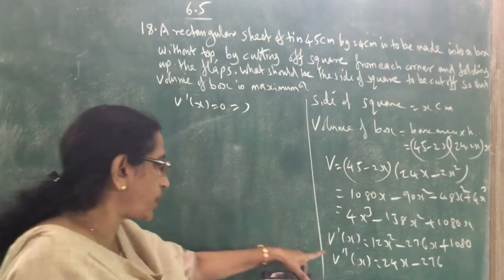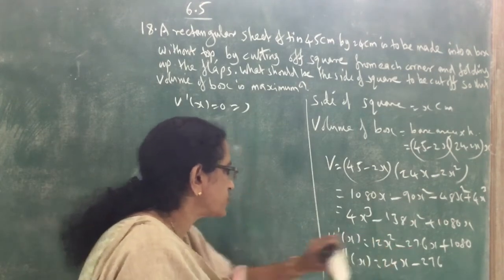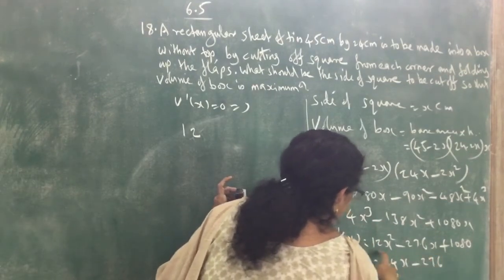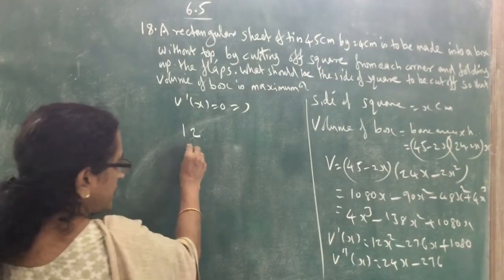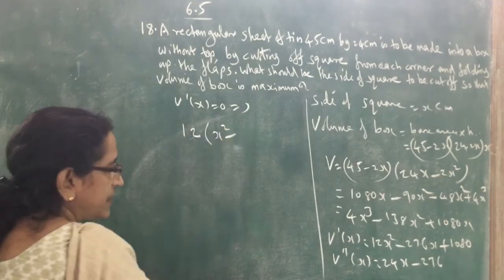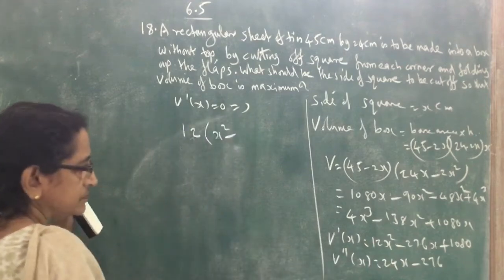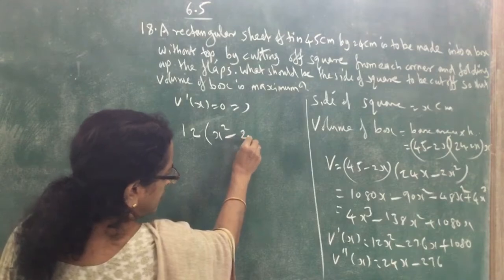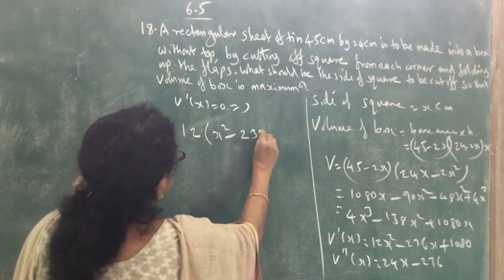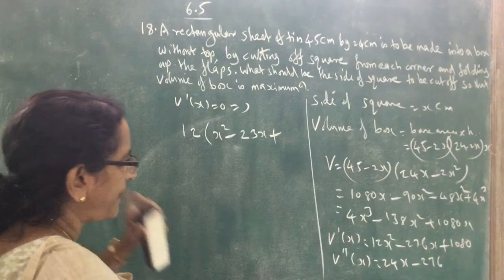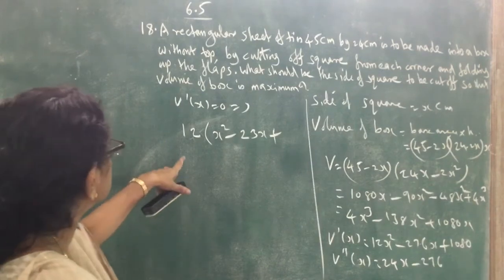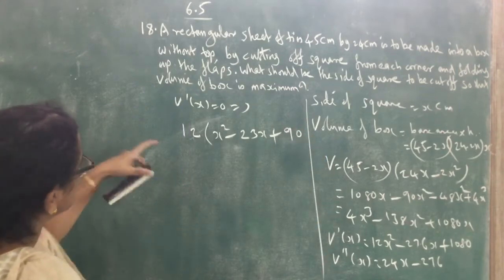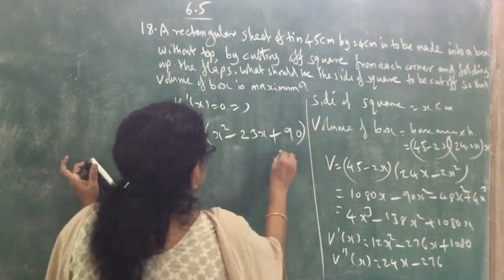Then v dash x equal to 0 implies we can take 12 as a common factor. So 12 into x squared minus 276 by 12, that is 23x, plus 1080 divided by 12, that is 90, equal to 0.